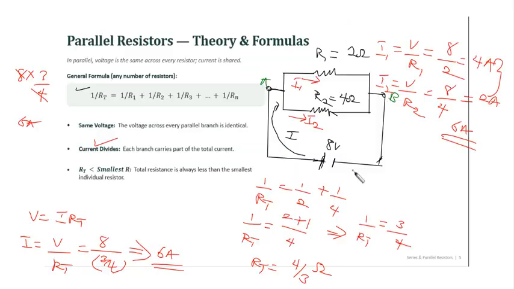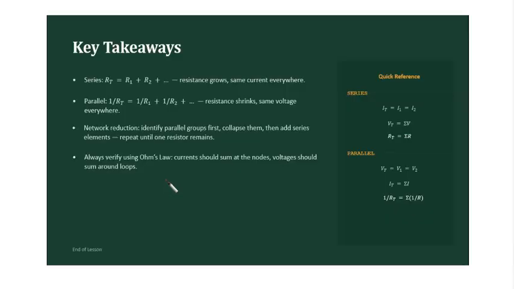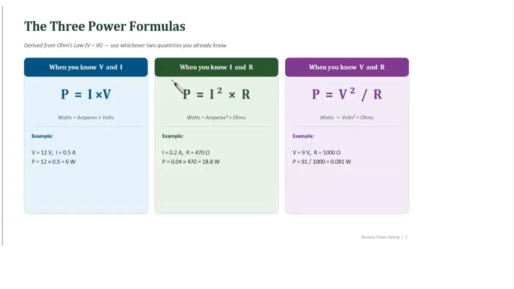All right. So the power rating can be calculated. I beg your pardon, the power consumed by a resistor can be calculated using this general formula that we have seen. P is equal to IV. And this formula can be stated in 3 ways, just like Ohm's law can be stated in 3 ways.